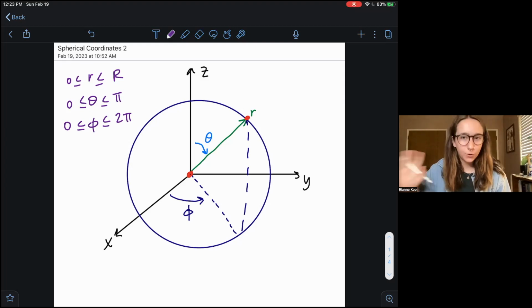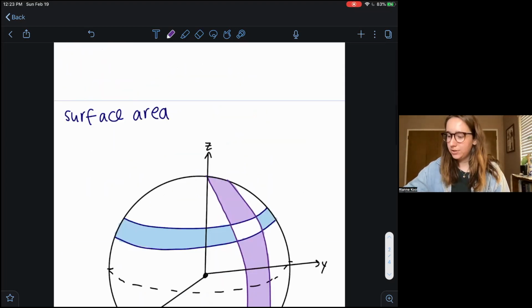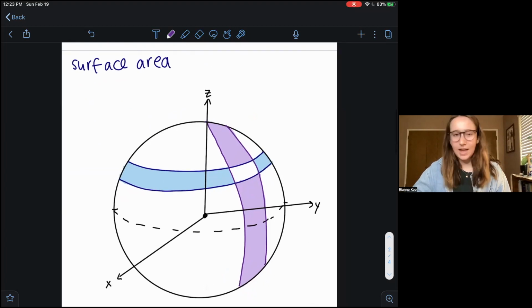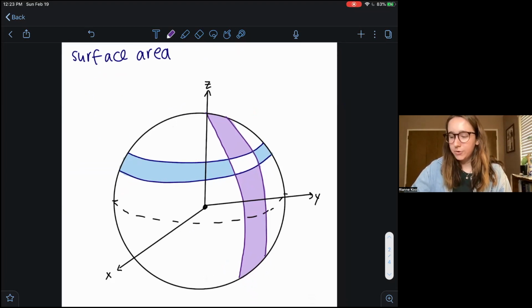Let's find the surface area of a sphere first. I have this diagram here, and I want us to work together to fill it in. I have my origin set, and I have these lines that will help us find the surface area of this sphere that I drew. So let's start with what we're trying to accomplish.